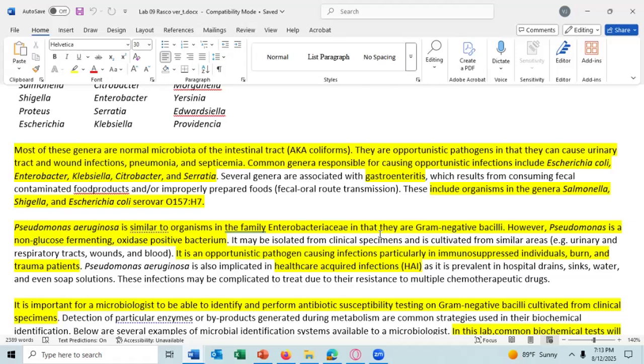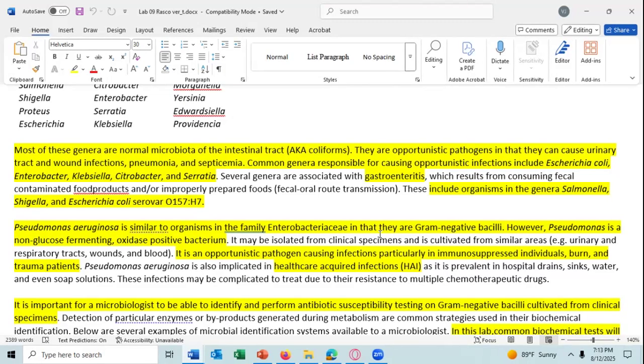Pseudomonas aeruginosa is the most common human pathogen in the group. It is an opportunistic pathogen causing infections, particularly in immunosuppressed individuals, burn patients, and trauma patients. Fortunately, Pseudomonas aeruginosa is not good at causing an infection in a healthy individual.